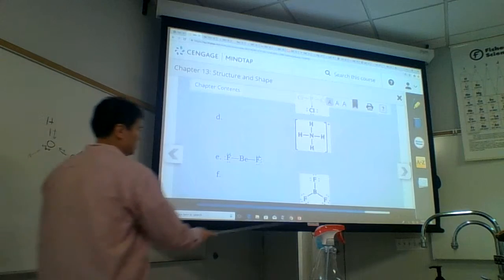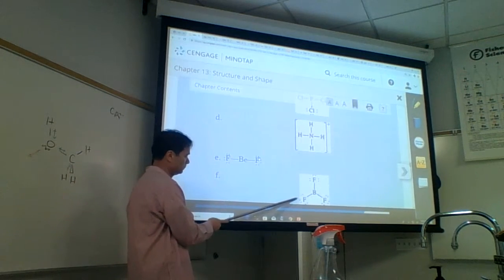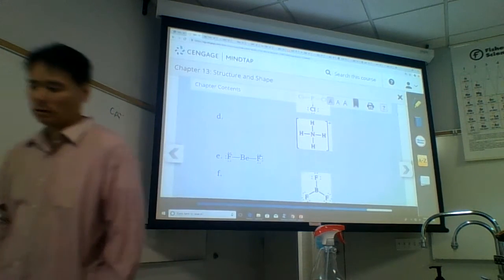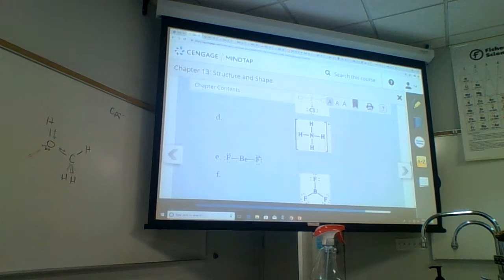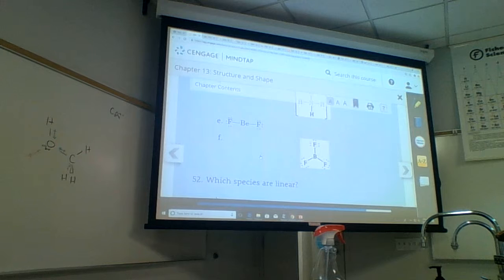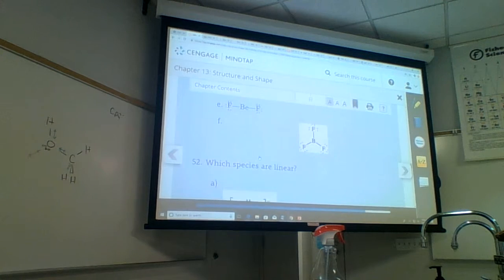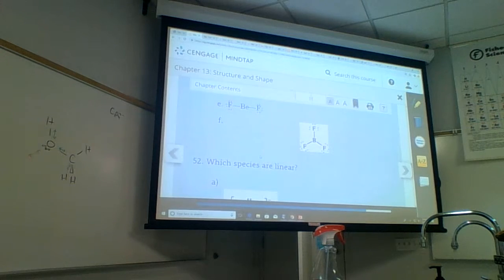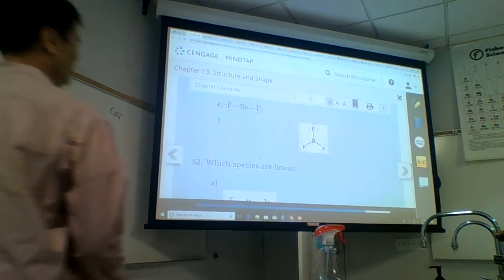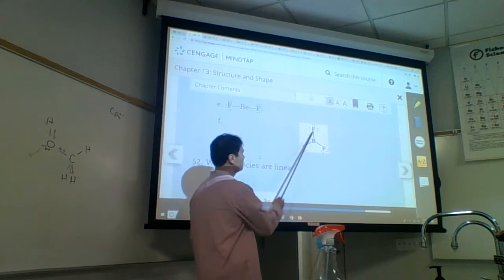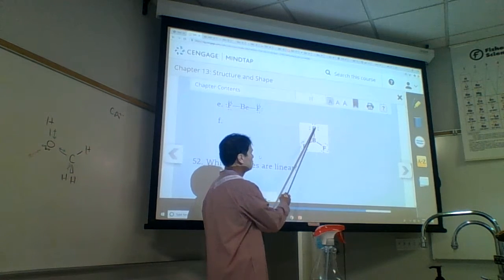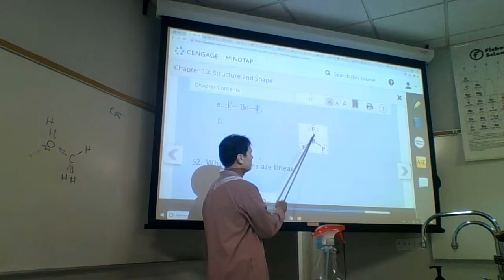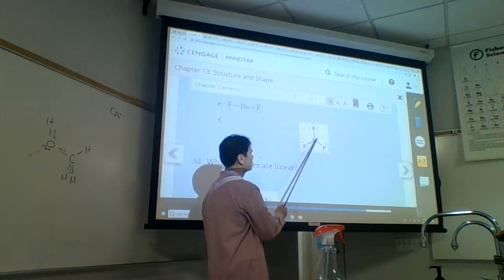What shape is this one here? Trigonal planar. Is it polar or non-polar? Non-polar. It's non-polar because if you have a three-way tug-of-war, is one of these fluorines stronger than the other? Let's say this fluorine's stronger than these two, so it's going to pull this way.